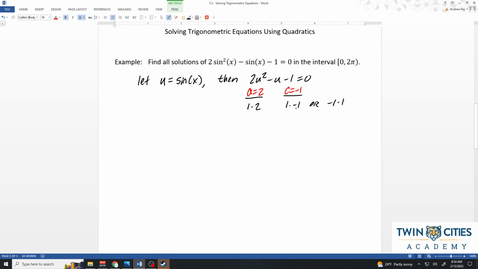Those added together would be positive 1. That doesn't match the middle. So I know it's got to be 1, 2, and negative 1, 1. 1 times 1 is 1. 2 times negative 1 is negative 2. 1 plus negative 2 makes this negative 1. So this will factor as u and 2u, and then minus 1 on the left, plus 1 on the right, equals 0.